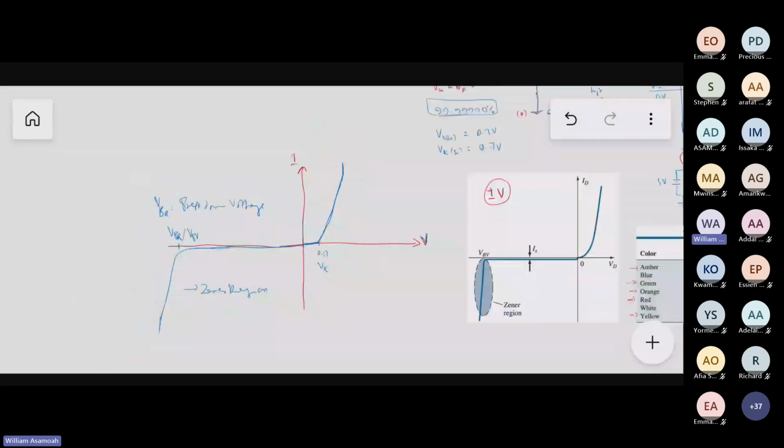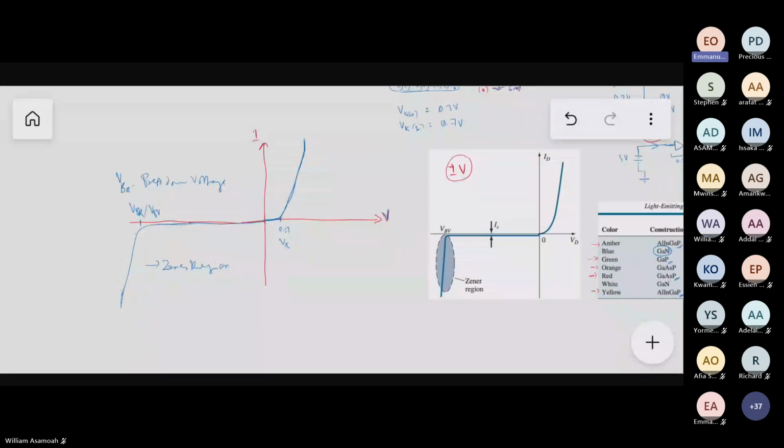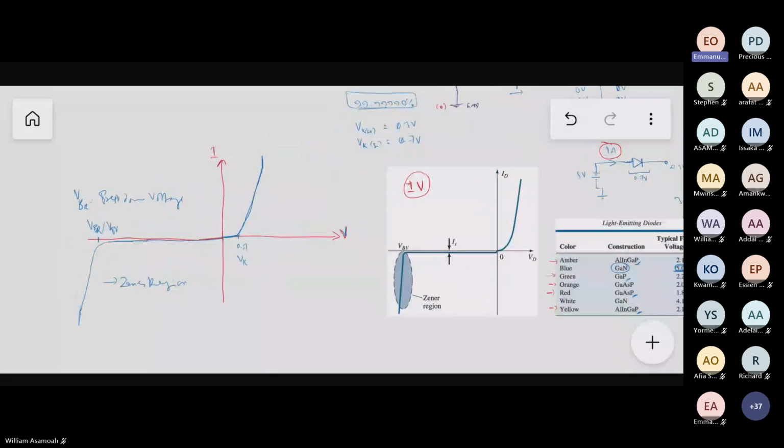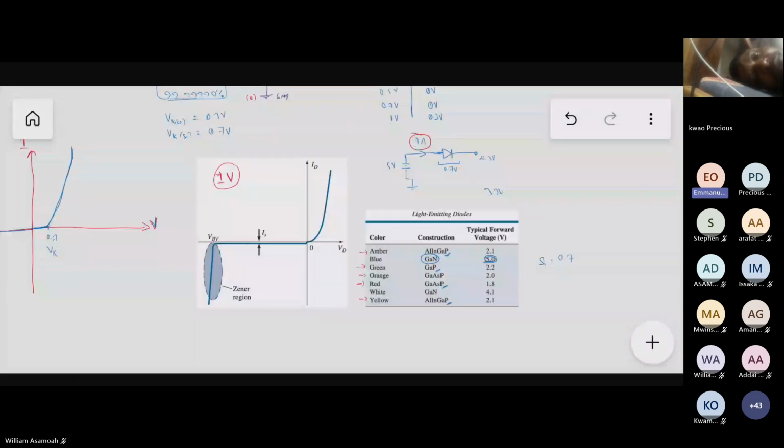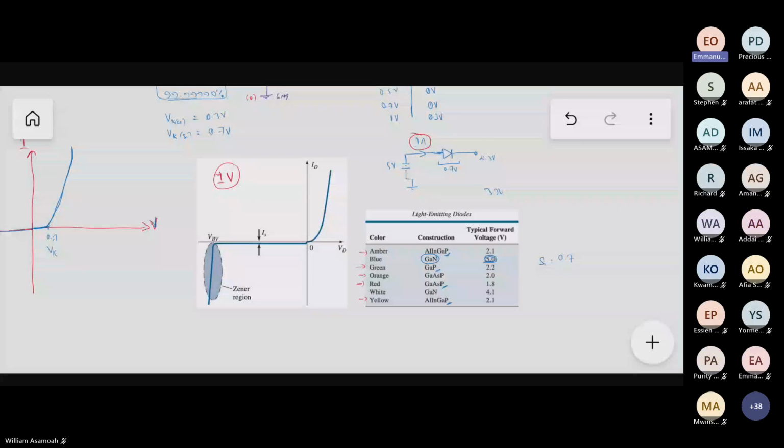Yes, Abeka. Sir, as you started, you said the moment the voltage reaches 0.7, then the diode will start to work. I'm asking, is 0.7 a standard figure for all diodes to start working?